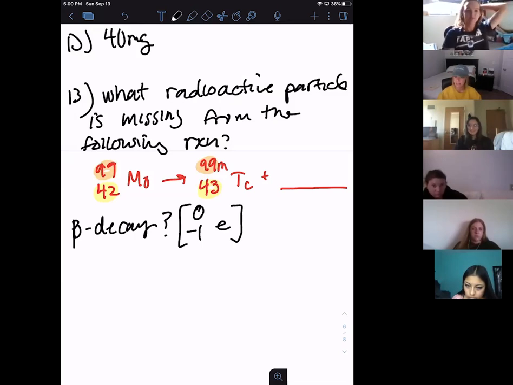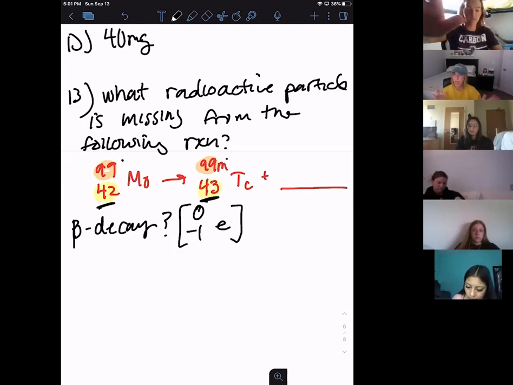Is that what you're going to say? Yes. Okay, beta decay always deals with this guy down here. So this will stay the same, but this will gain in terms of adding that electron. Even though an electron is negative, we add to that value. Okay, so negative, we add. So this would be a beta decay, so your formula would be this.